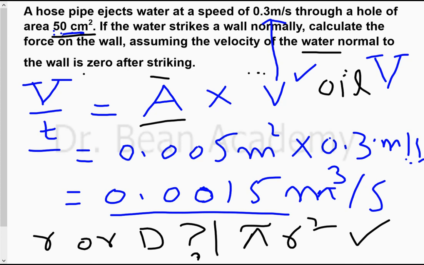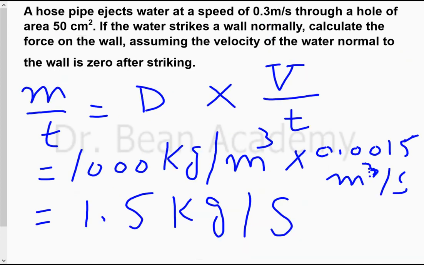The only difference in the calculation would be the density. Where we use the density of 1000 kilogram per meter cube for water, if the liquid is not water but oil or maybe milk or maybe mercury, whatever it is, you have to find the relevant density of that liquid.